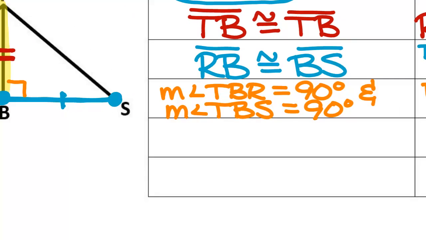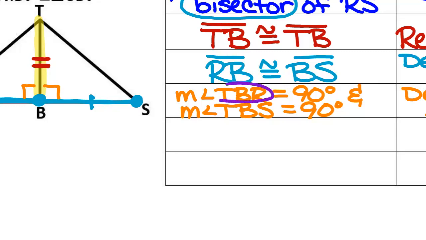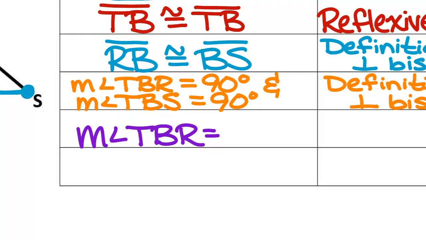I know that if TBR equals 90 degrees and TBS also equals 90 degrees, then the measurement of angle TBR is equal to the measurement of angle TBS. What would I be using to say that?